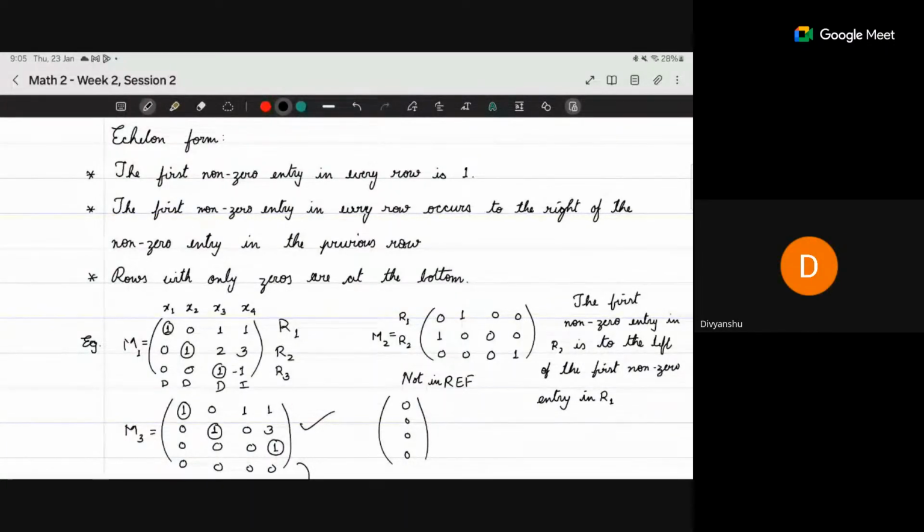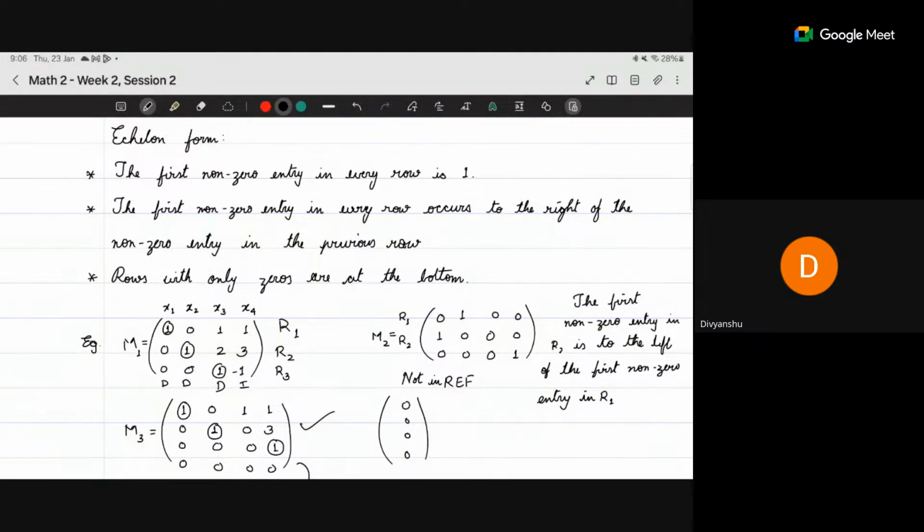Sir, can I simply say that if the column which contains the leading entry has only that non-zero entry, then it is RREF? Yes. If you look at the leading entry of a row, consider its corresponding column, then there should not be any other entries in that column other than the leading entry itself.